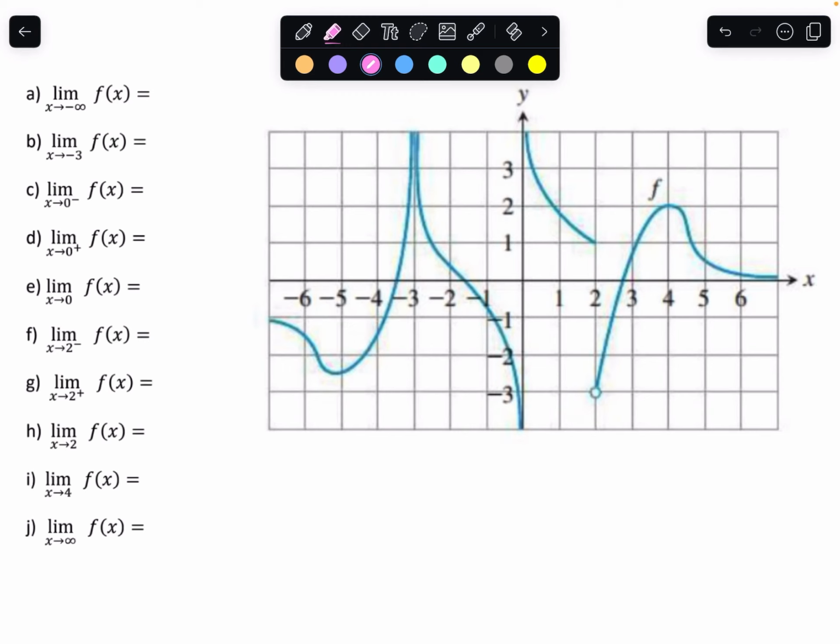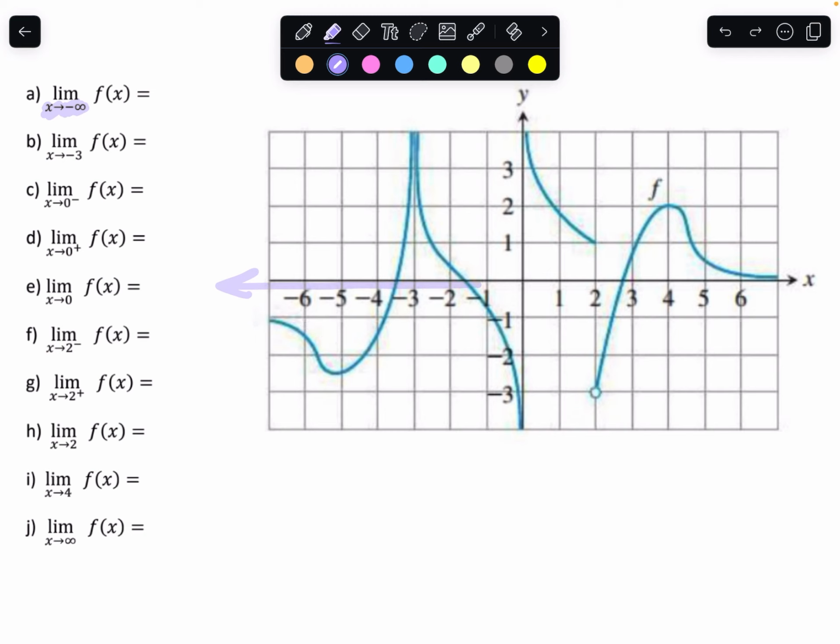Now, remember, the idea of a limit is always going to be: as x is approaching some number, what is the function output approaching? So for our first example here, x is approaching negative infinity. And as x is approaching negative infinity, you see the graph is going to the left forever.